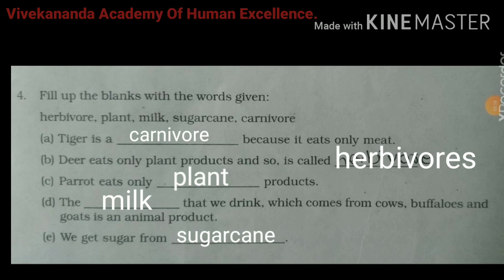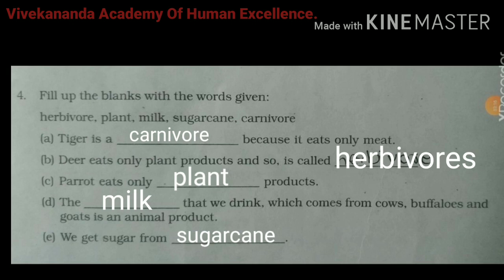Next, D. The milk that we drink, which comes from cows, buffaloes and goats, is an animal product.